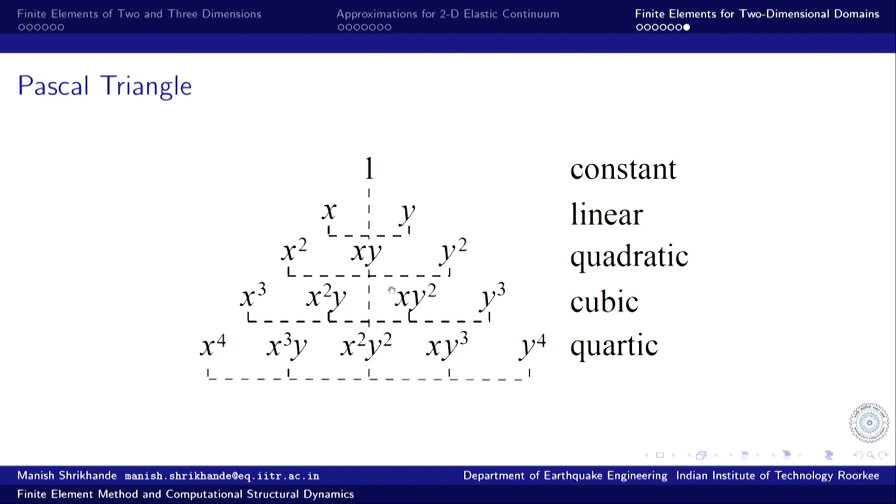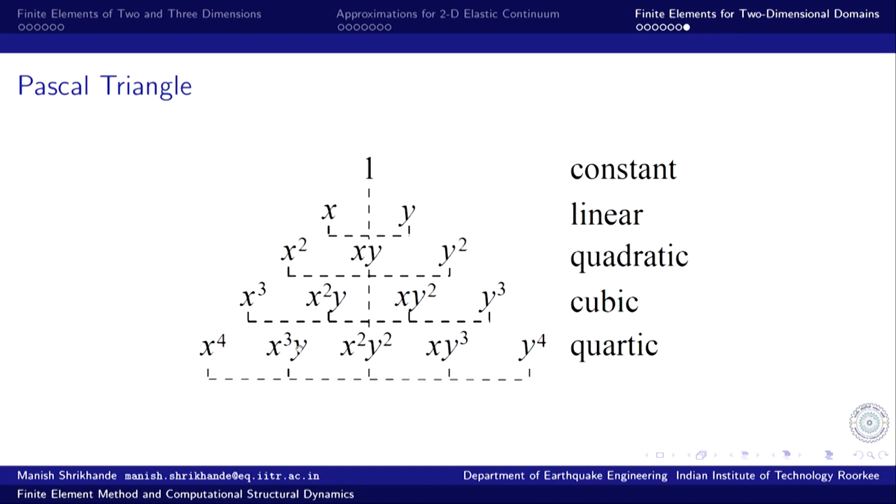So, you can see these as x y square and x square y. These are the products of lower order terms. So, this is a cubic polynomial. A cubic polynomial will have 4 independent coefficients. A quartic polynomial will have 5 independent coefficients, and again those 5 terms would be x raised to the power 4, x cube y, x square y square, x y cube, and y raised to the power 4.